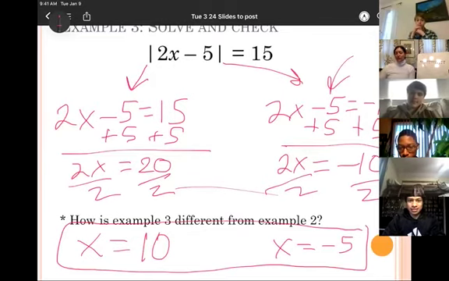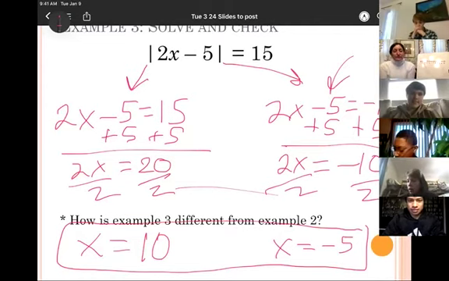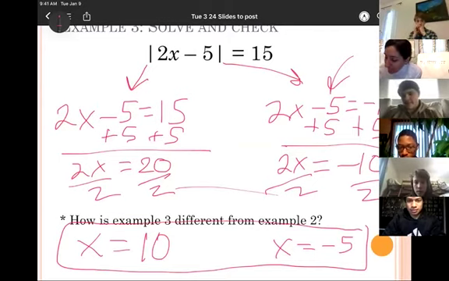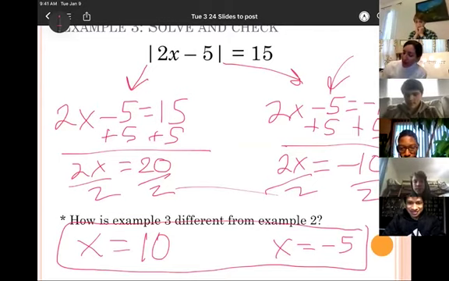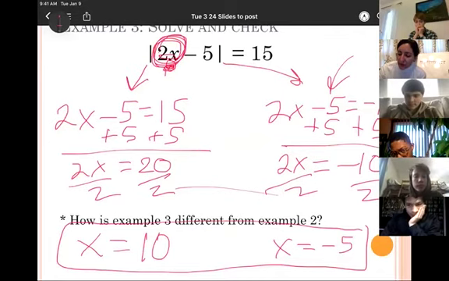All right, so what are our 2 solutions? 10 and negative 5. If I went and put that negative 5 back into this equation, we would get 2 times negative 5, which would be negative 10.